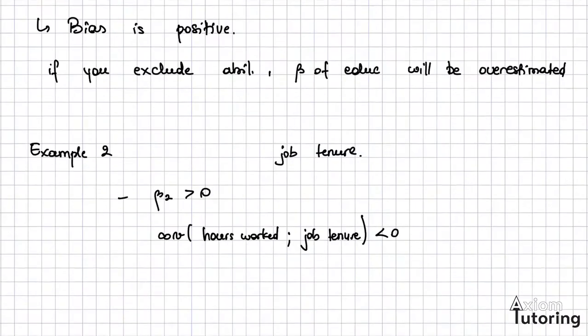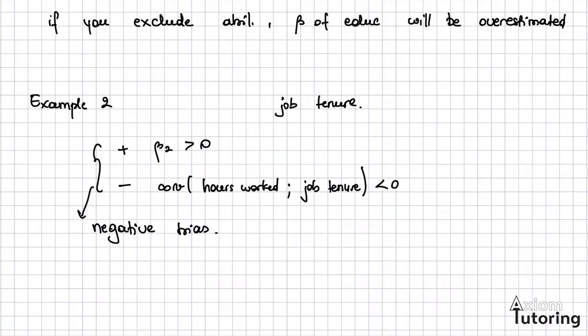So that would mean that out of a positive beta 2 and a negative covariance, we would have had a negative bias, which means that in the case where we exclude the effect of job tenure, we would have underestimated the effect that hours worked have on wages, because the effect of job tenure would have been included in it, and instead of giving us the pure effect of hours worked, it would have included that negative effect that job tenure would have had on hours worked per se, okay?